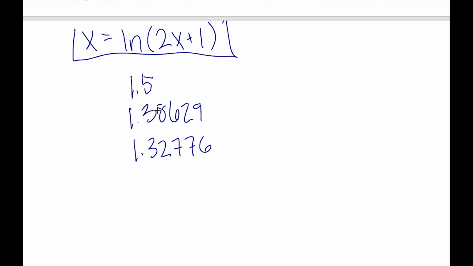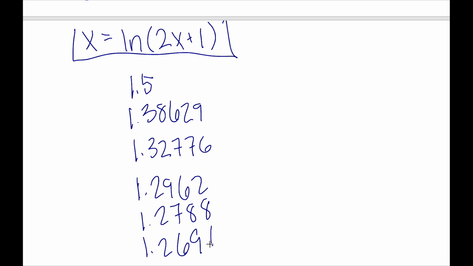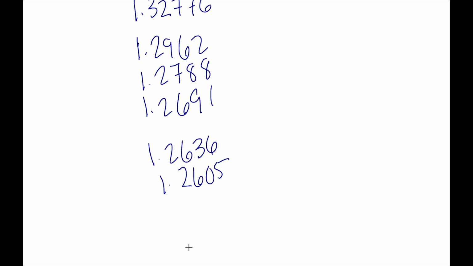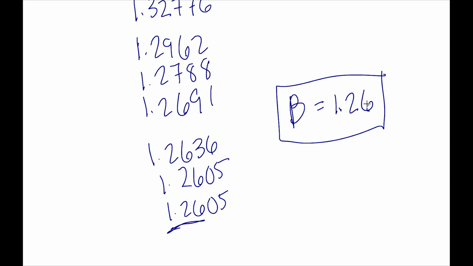So these are not rounding to the same numbers yet. 1.2962, 1.2788, 1.2691, 1.2636, 1.2605, and 1.2605. Okay, so these two are exactly the same when I round. So my answer to 3 sig figs for beta is positive 1.26.